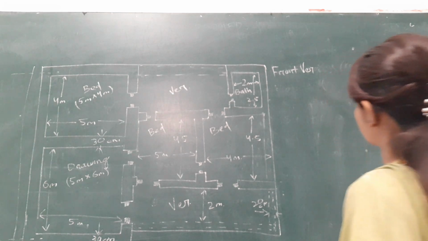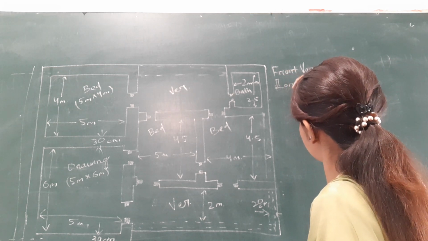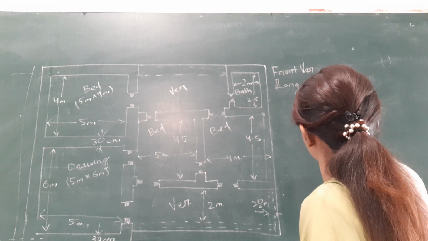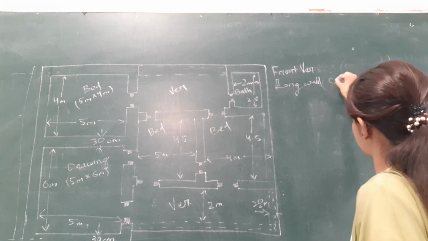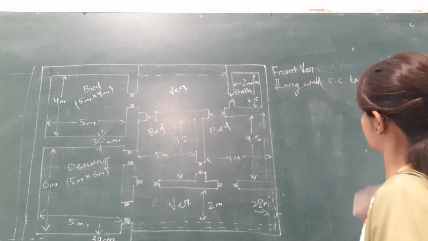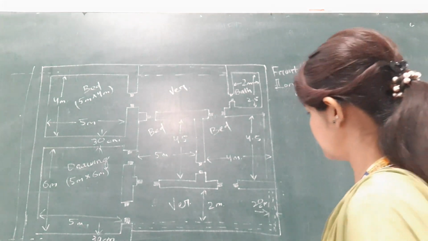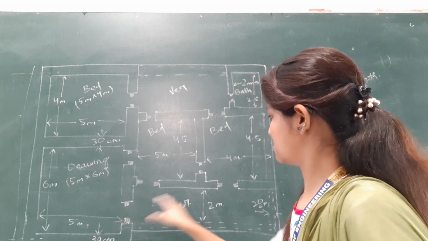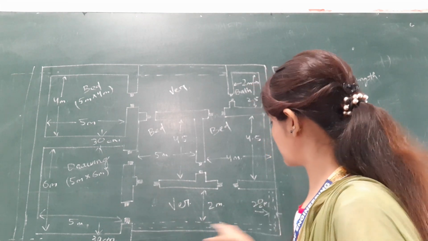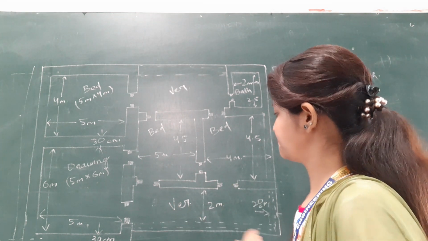Okay, so we can write first long wall center to center length. Okay, see, we have to calculate for this area, okay, this rectangular section.